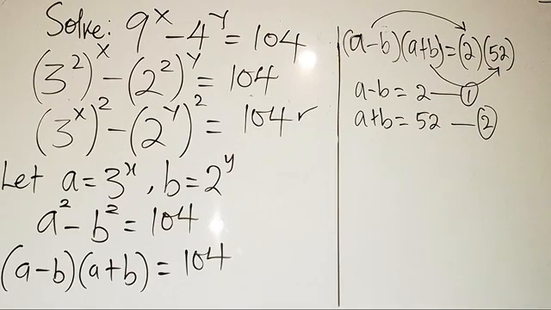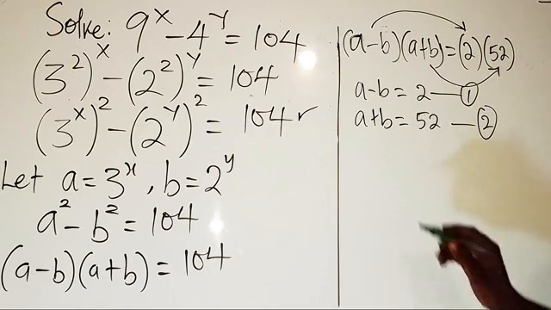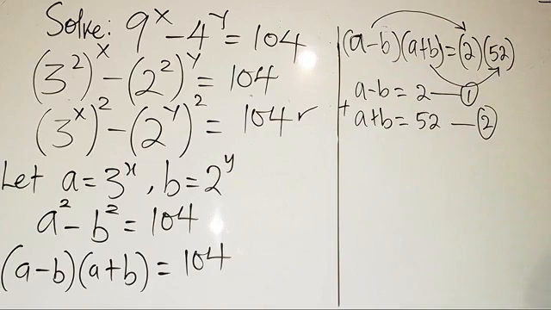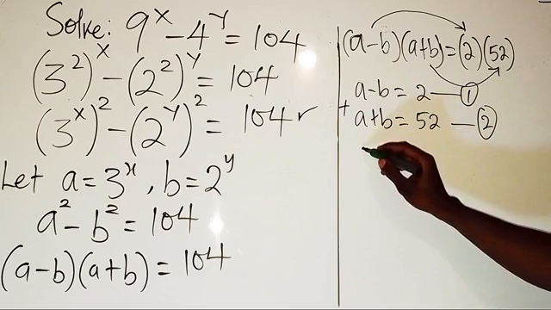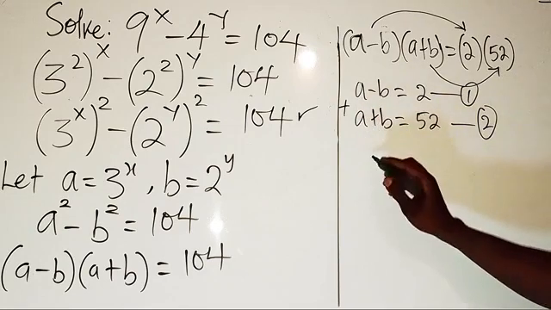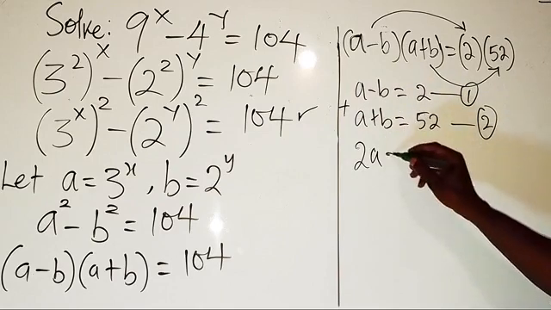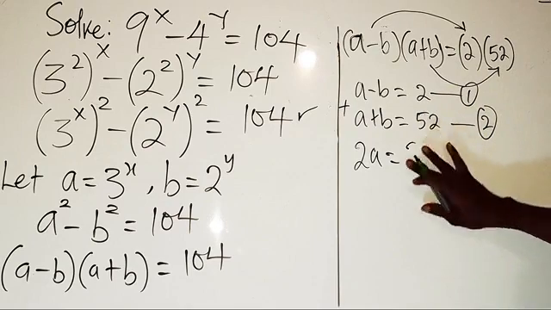Are you following? So this has led us to simultaneous linear equations. From here we can actually add these to get one of the variables. If we add this one and this together, we see that a plus a gives us 2a, then minus b plus b gives us 0, then 2 plus 52 will give us 54.